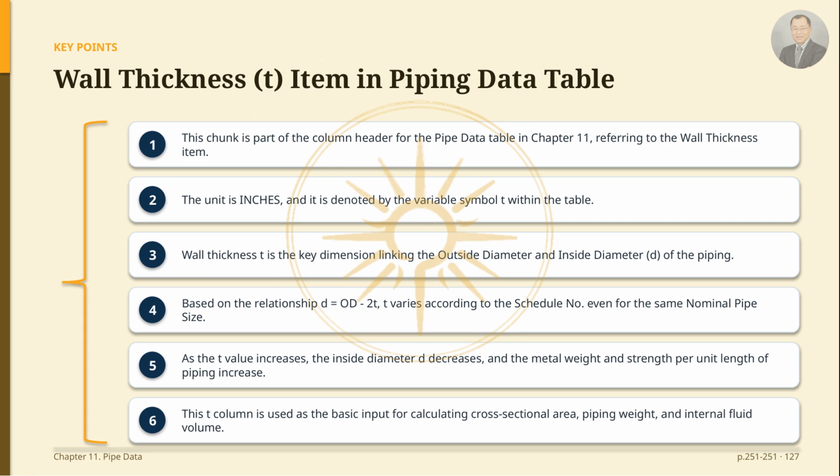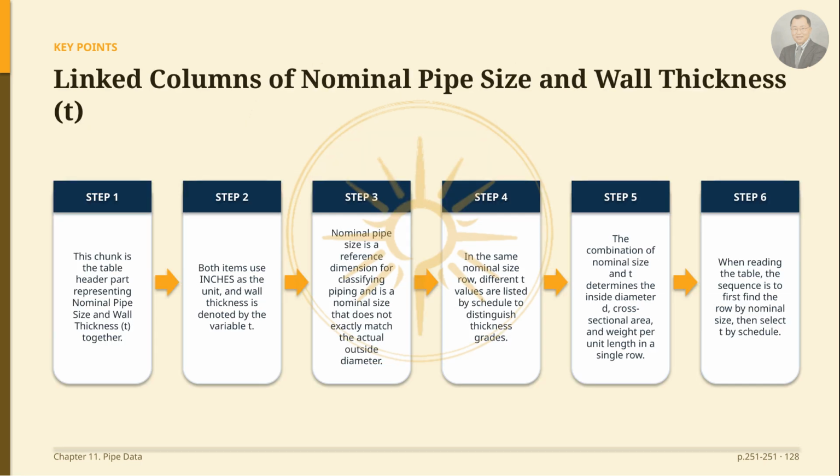Next, I would like to introduce the header part of the table that shows the nominal diameter and wall thickness together. Nominal diameter is referred to as nominal pipe size, and wall thickness is denoted by the variable symbol T, both of which use inches as their unit.